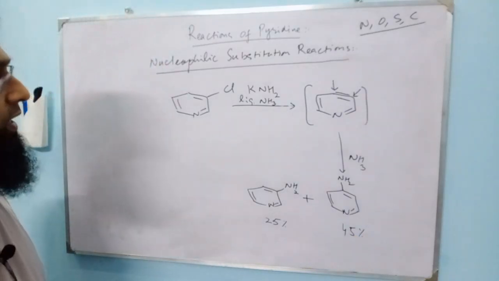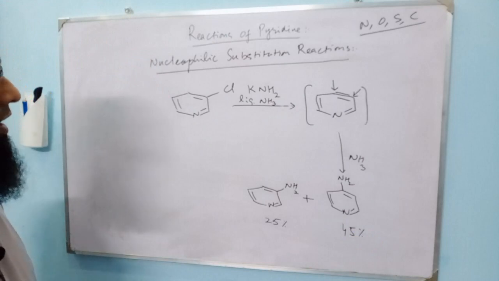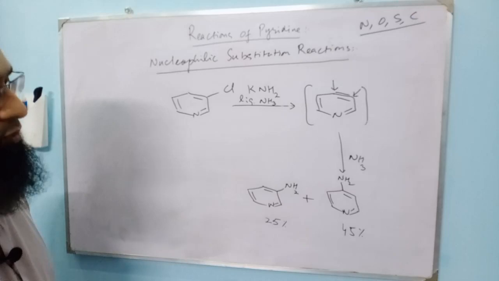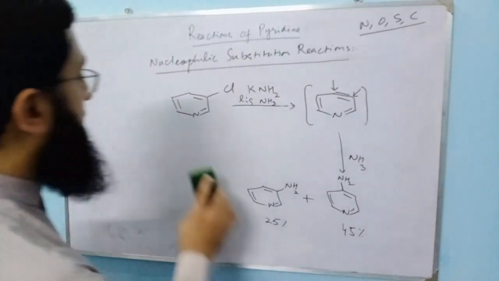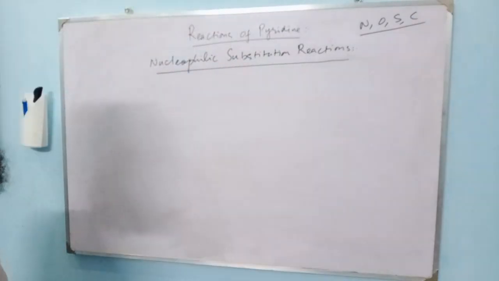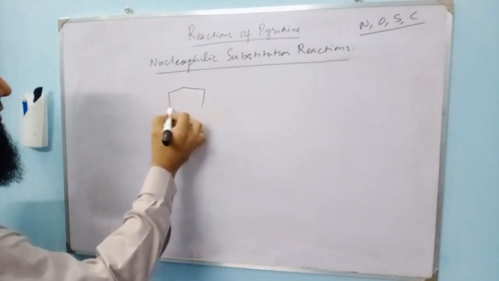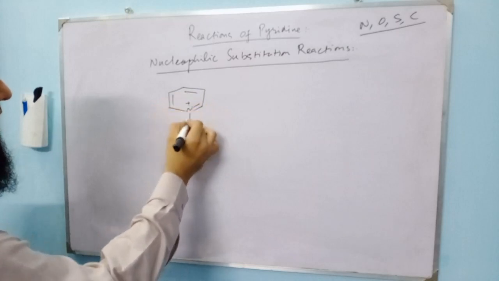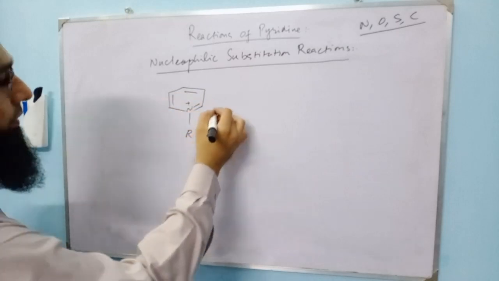In comparison to pyridine, N-alkyl pyridinium salts are more reactive to nucleophilic substitution reactions. For example, nucleophilic substitution reactions of N-alkyl pyridinium ions take place more fast as compared to pyridine.